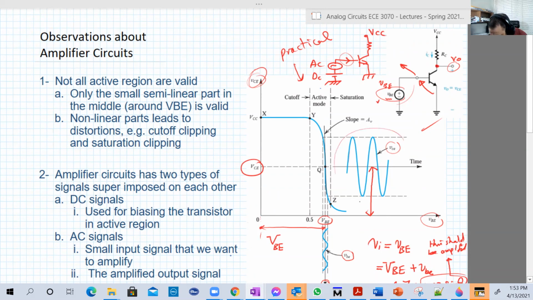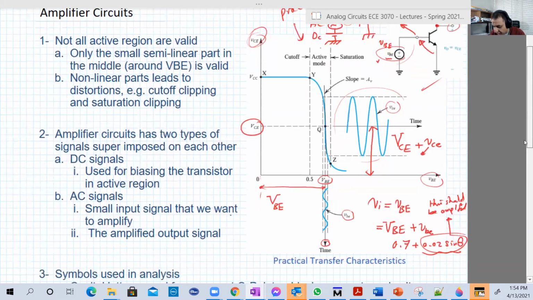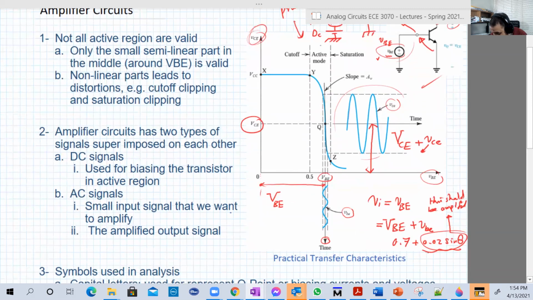You will see something like this, a signal that is V capital CE capital plus V small CE small. This V small CE small signal, the symbol for the AC output, is basically the amplified version of this input here, V small BE small, 0.02 sine theta.